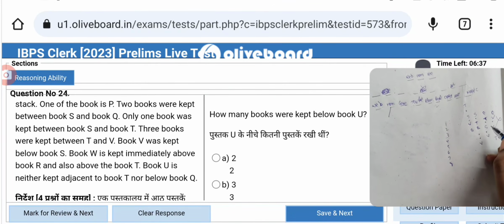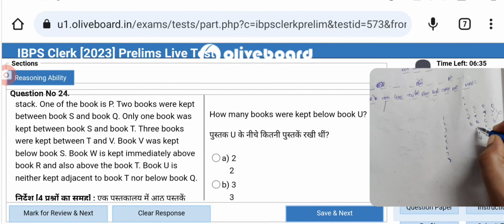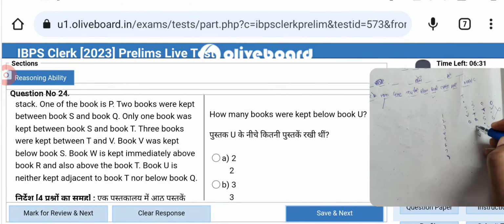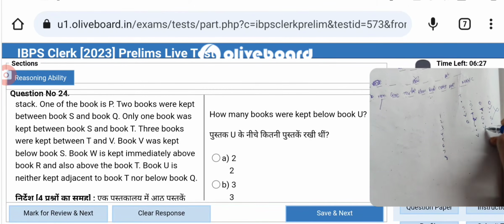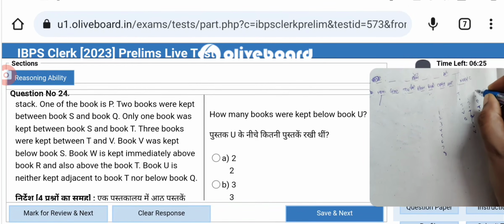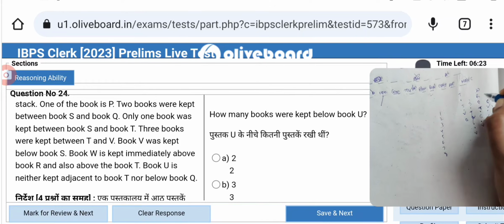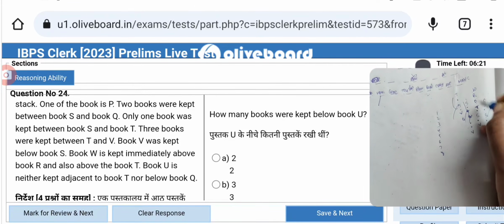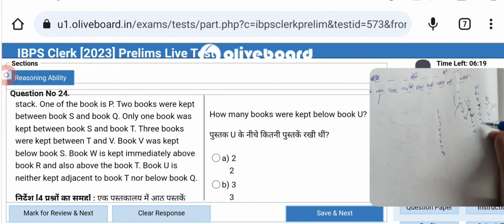W is immediately above R. So this possibility fails. And above T. So this is possibility 3, 4, 5, 6, 7, 8.